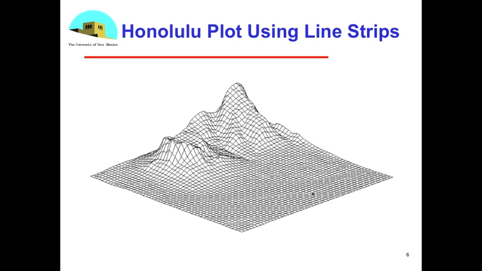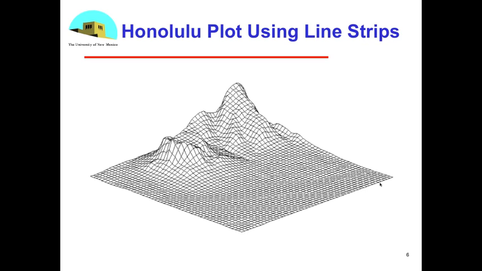I use it a lot for assignments. Here's some data from the Honolulu area, and I have some other examples looked at from a different perspective. Out here is the ocean, and the harbor is over here, and here's the mountains behind Honolulu, and a little valley where the freeway runs up. Here it's displayed by just the consecutive data points going across.